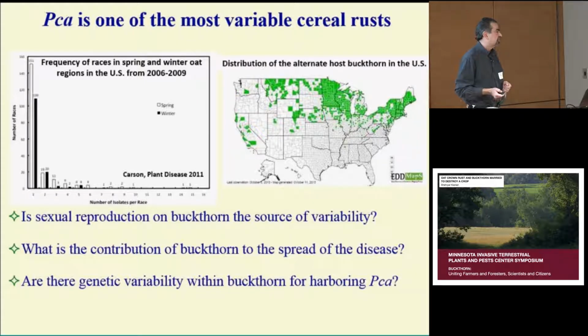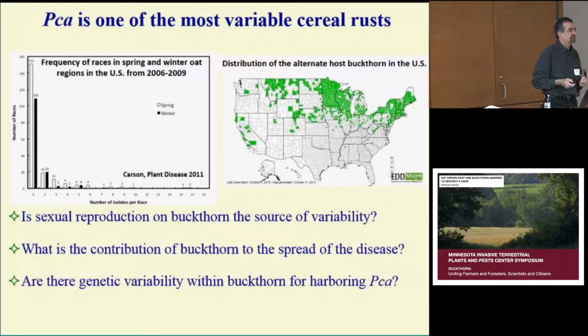What is the contribution of buckthorn to the spread of this disease? I keep mentioning the wind-borne going up north, but are the buckthorns up here contributing to this disease? If there was no winter wheat grown in the southern part of the US, would that stop the pathogen from moving north? Probably not. And what is the genetic variability in buckthorn?